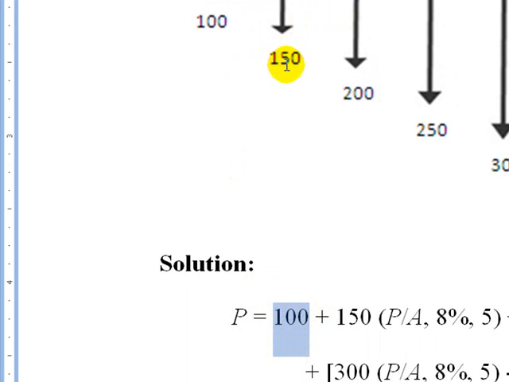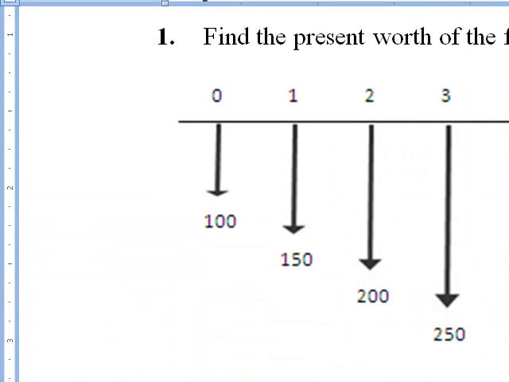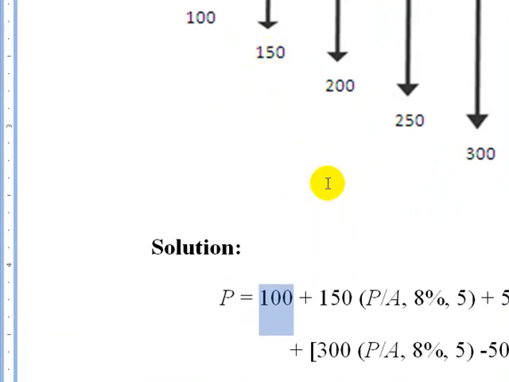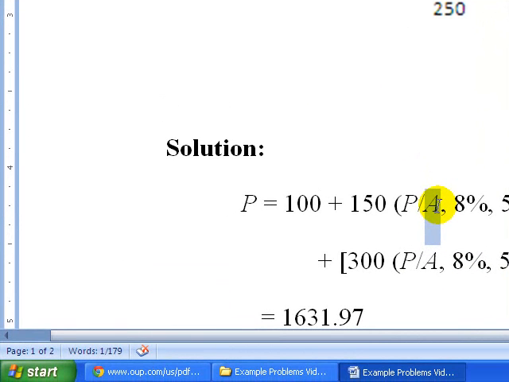we know that from year 1, at least $150 was outgoing for each year. Minimum $150 was outgoing each year, right? Year 1, year 2, year 3. So we take that 150, and we can call it an annual cash flow. We talked about this, right?